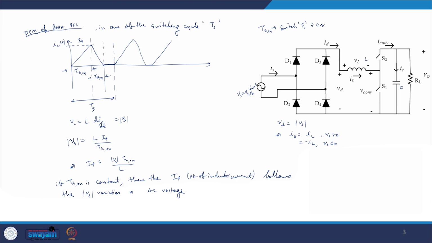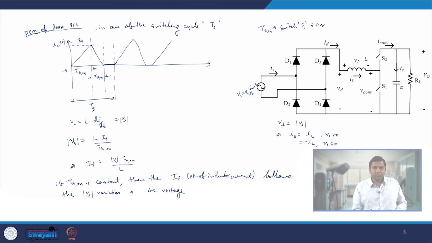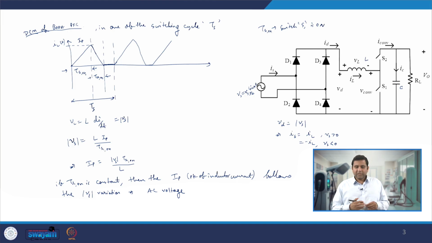So we can see that the peak inductor current is following the input Vd, which is the modulus of Vs. So our peak is varying sinusoidally in nature, same as that of the AC voltage, however with a different amplitude.